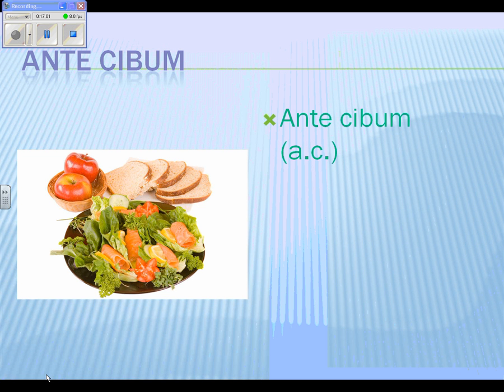the abbreviation AC, which is commonly seen on prescriptions that are written by a doctor and given to a pharmacist, so the pharmacist can dispense the medication. AC means before food. Okay? I don't know if any of you take medications on a regular basis.